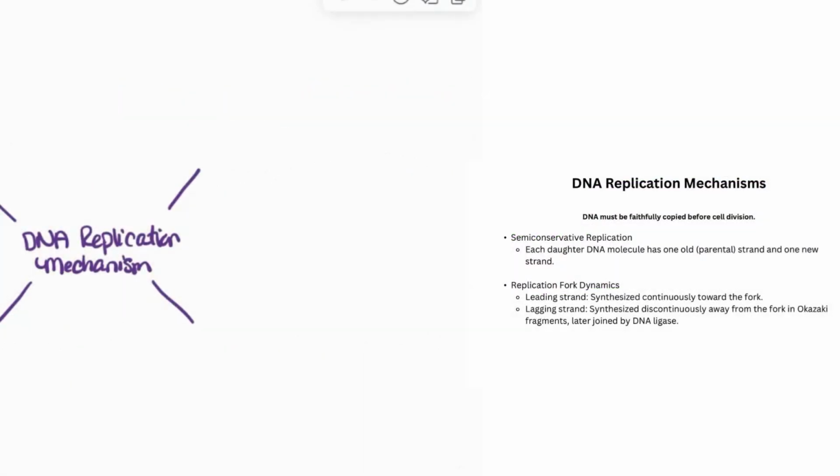DNA replication mechanism. So our first branch here is the semi-conservative model.